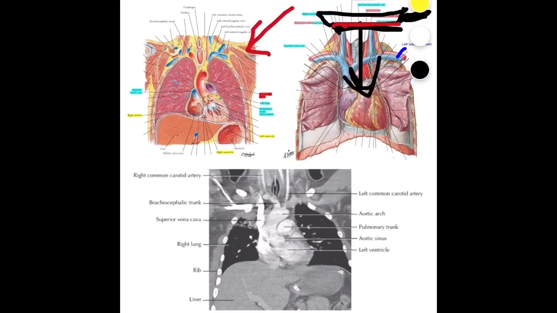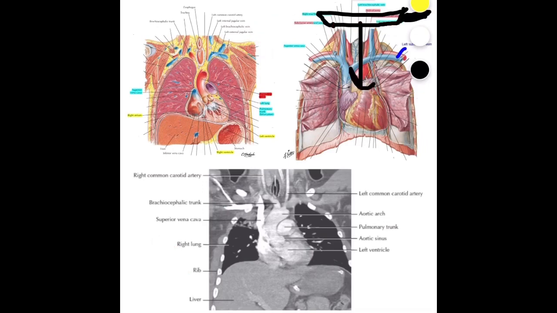And just so that you understand that gross anatomy is very important before directly jumping onto the CT anatomy, because it will definitely help you. After studying the gross anatomy, it would be better for you to understand the CT anatomy. So just as a correlation, I've kept one of the CT coronal cuts here as well.